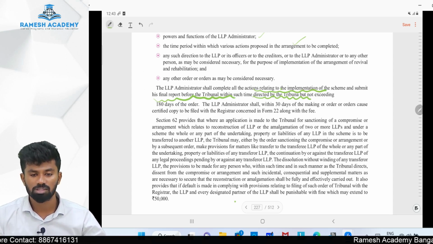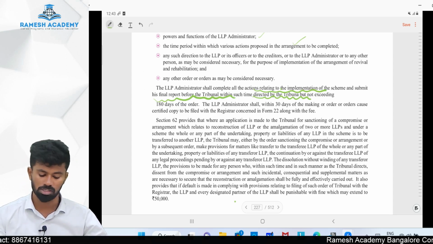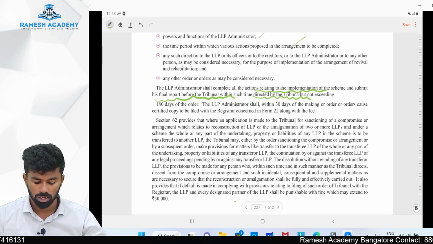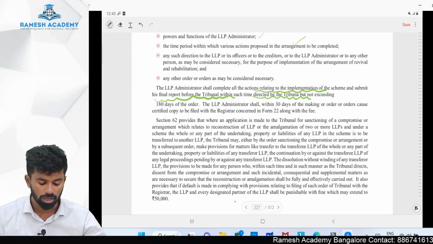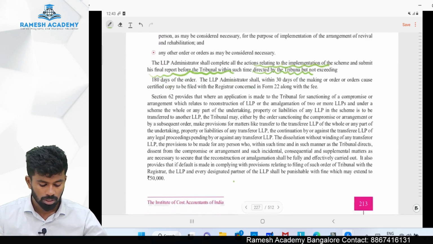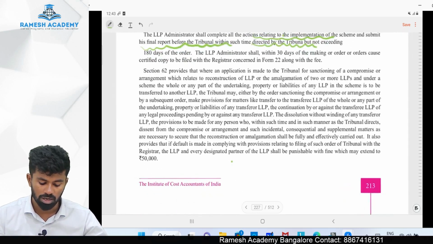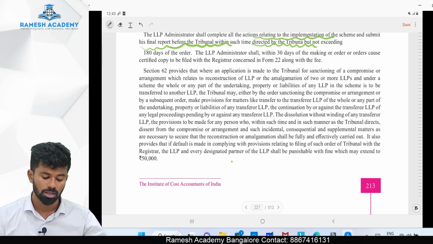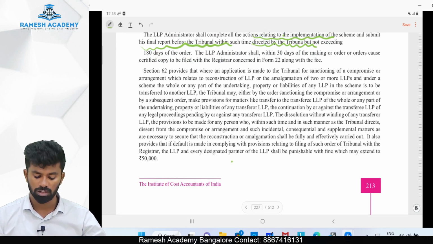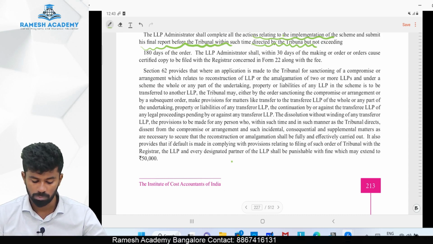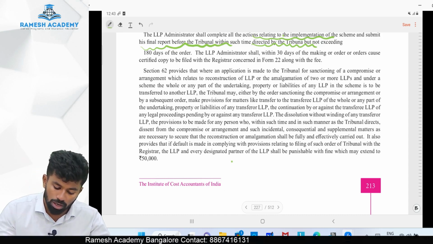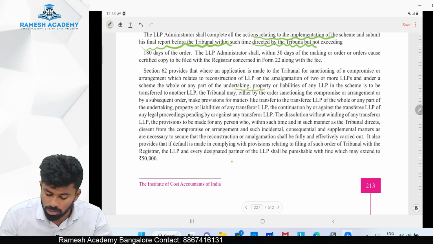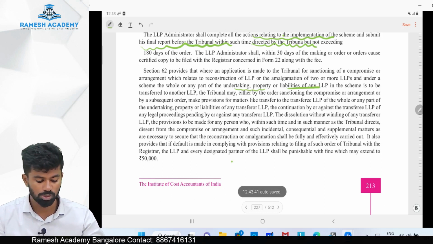So the revival scheme should be submitted by the administrator within how many days? Within 180 days. Section 62 provides that where an application is made to the tribunal for sanctioning of compromise or arrangement which relates to reconstruction of an LLP or amalgamation of 2 or more LLPs under a scheme, and the whole or any part of the undertaking, property or liabilities of any LLP in the scheme is to be transferred to whom?